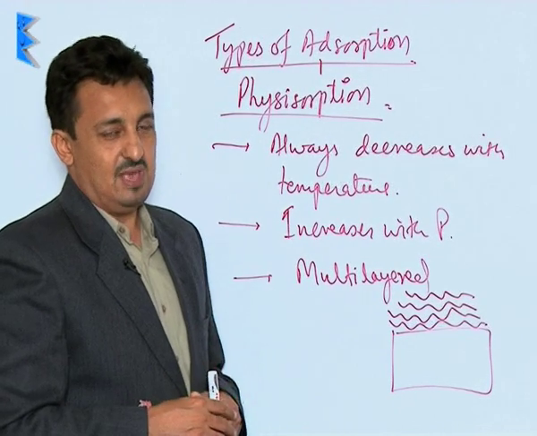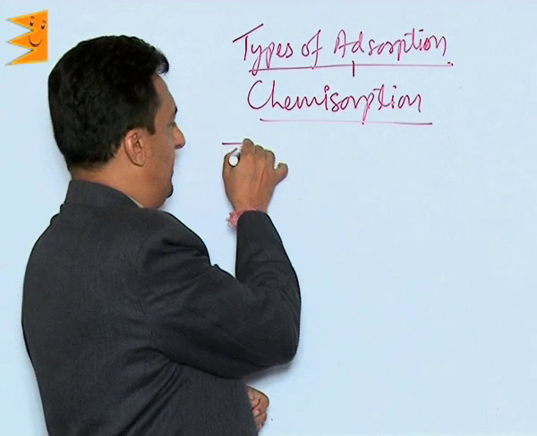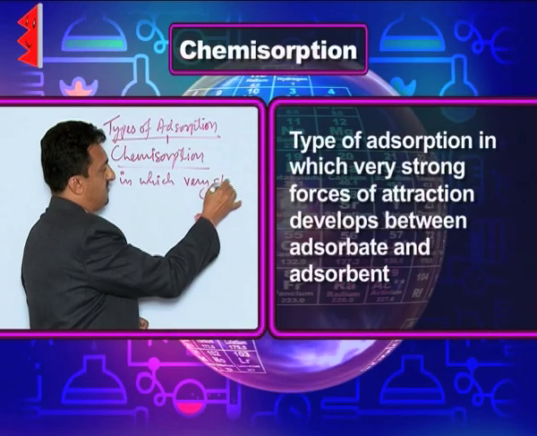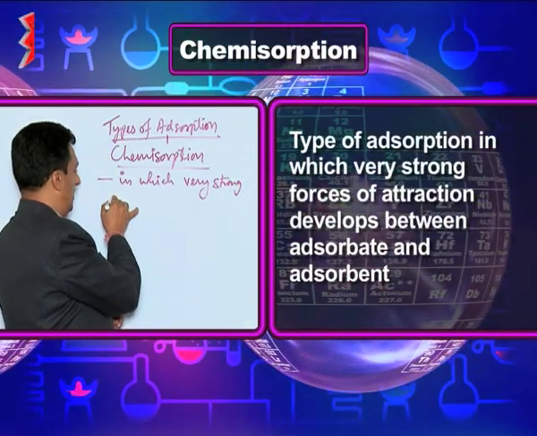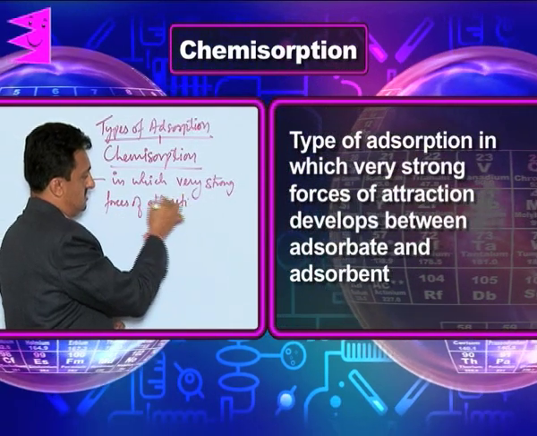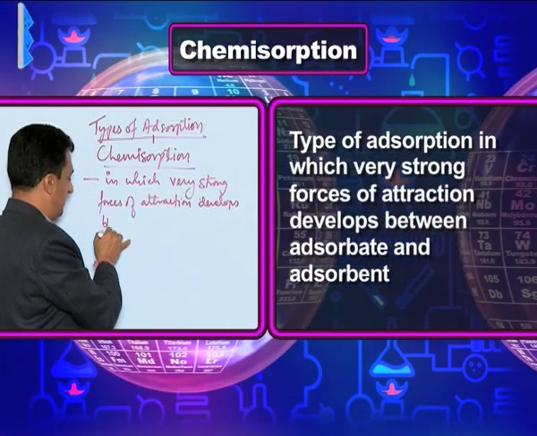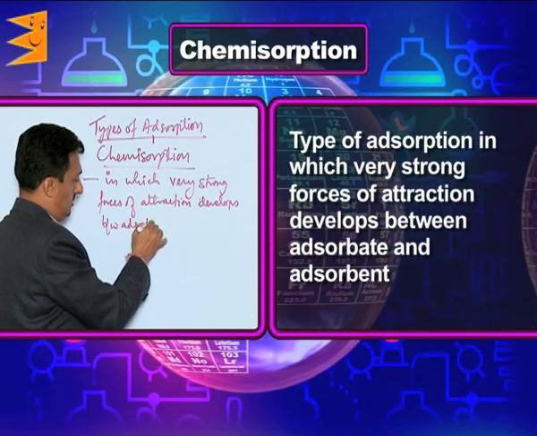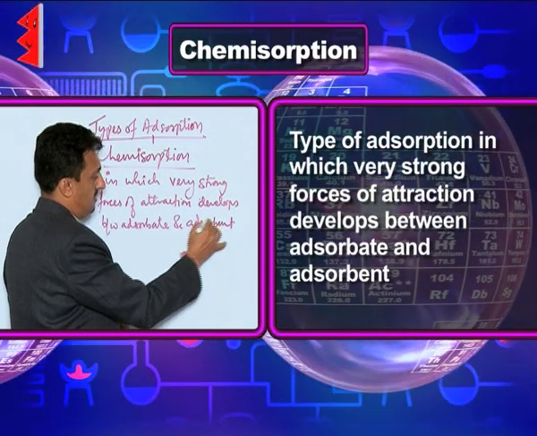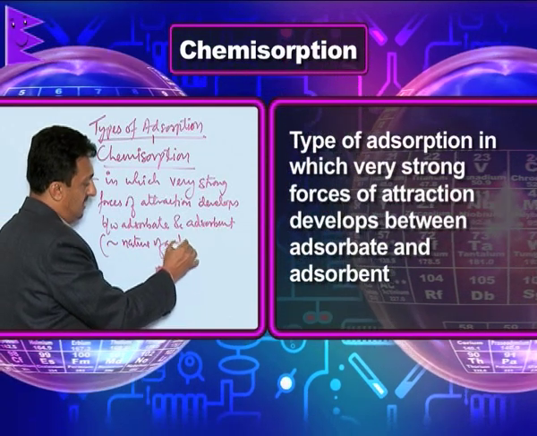Let us see now what chemical adsorption is. Now let us understand chemical adsorption or chemisorption. It's the adsorption in which very strong forces of attraction develop between adsorbate and adsorbent, which are almost of the nature of a chemical bond.